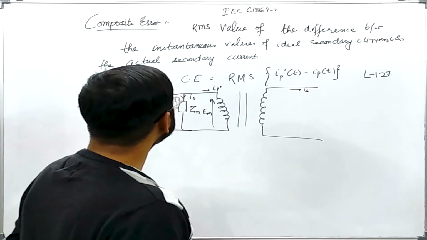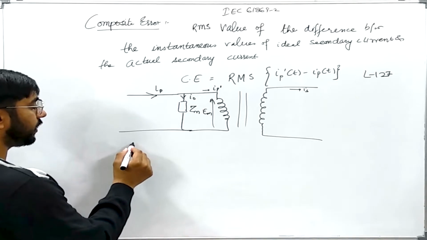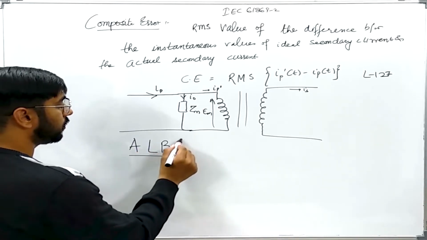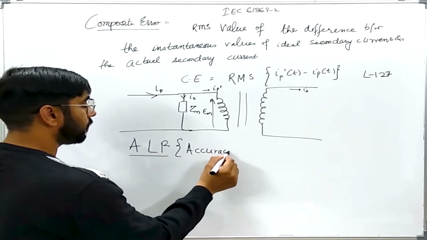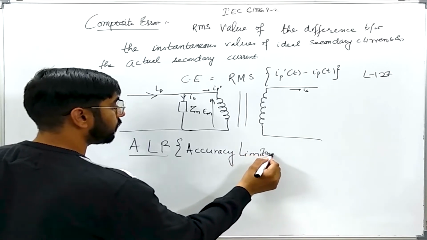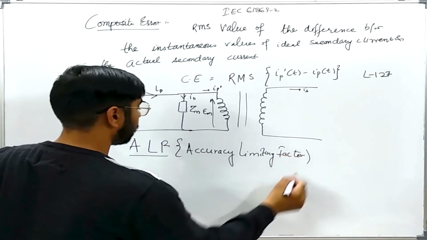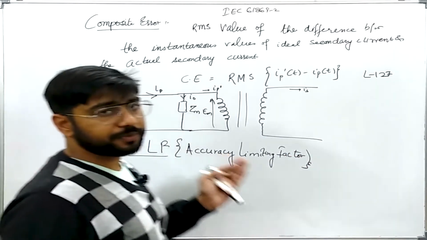Okay. Now there is another term called accuracy limiting factor. So what does it mean?